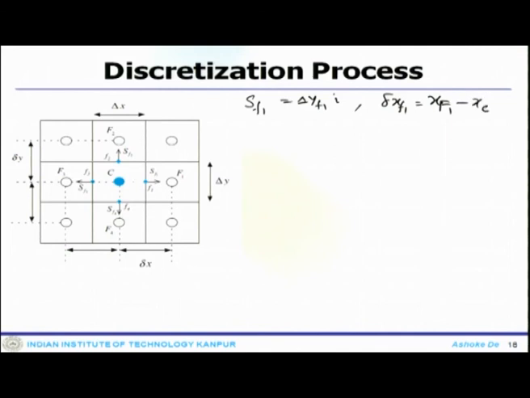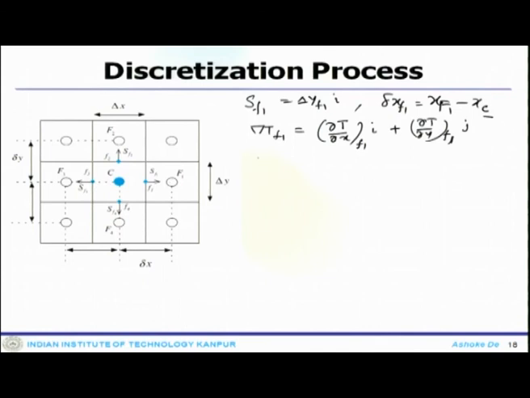So this is the distance between them. F1 is the neighboring cell on the upstream side, and del T F1 is nothing but del T by del x F1 i plus del T by del y F1 j.